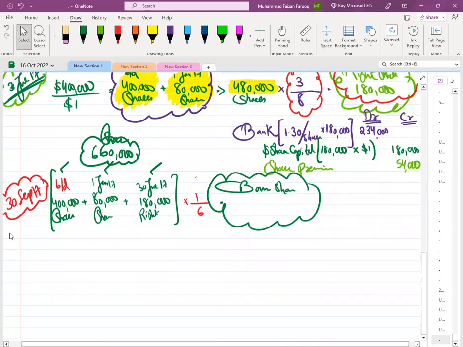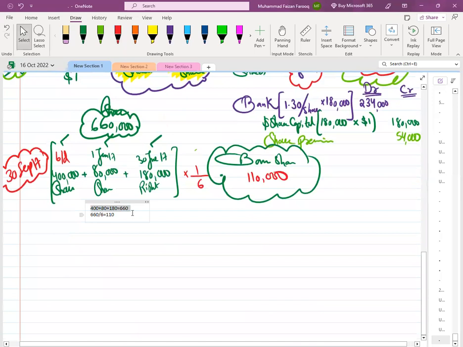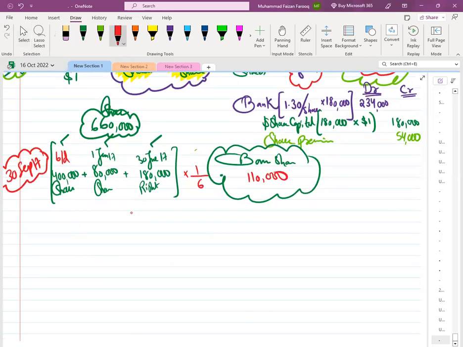So can you tell me how many bonus shares are coming up? 110,000. 110,000 bonus shares. Now in our regular class we learned what the entry of bonus is. The bonus entry is share capital at the par value always.